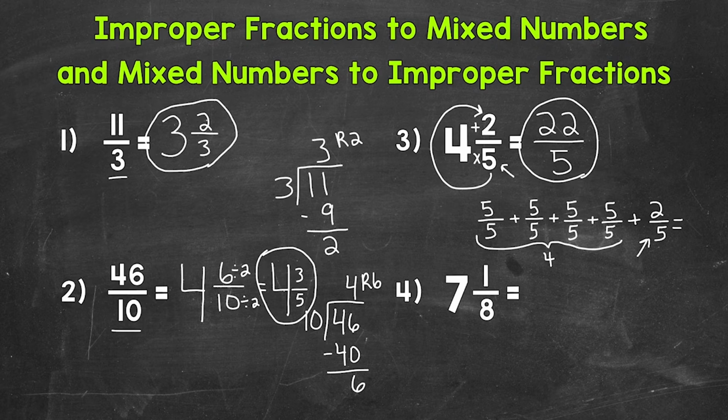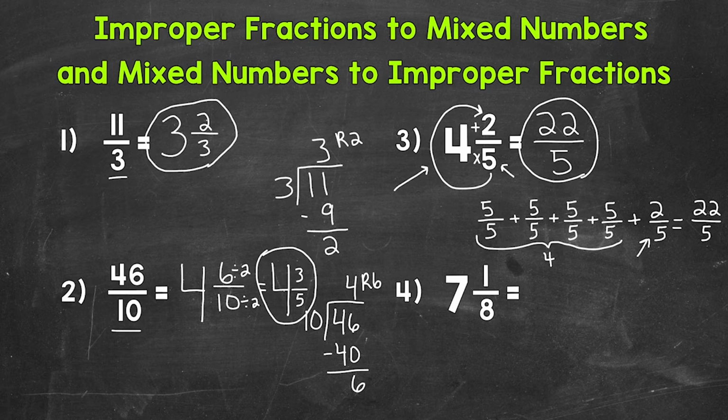So let's add all of these up. 5 plus 5 is 10, plus 5 is 15, plus 5 is 20, plus 2 is 22, and our denominator is 5. So we can see that we got 22/5. Now, using this method right here is a lot quicker. It's a shorter way than writing everything out. So again, multiply and then add.